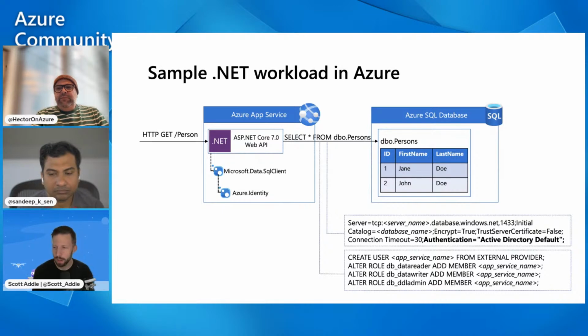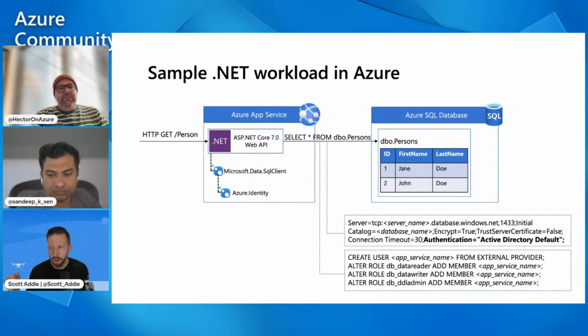That is what is enabling authentication to take place. It says Authentication=Active Directory Default. What does that mean? You probably have no idea at this point, and that is fine. I will explain. But first, let's talk about the other tenet here, and that's authorization.